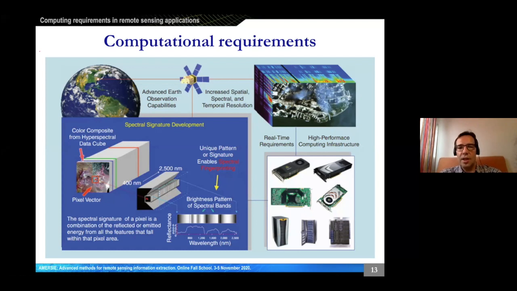So that's still a challenge, but you can also put these radiometric and geometric correction algorithms on board the imaging instrument and try to achieve a full real-time processing chain at the same time as the data are collected. So that's one of the things that we are going to discuss in this tutorial.